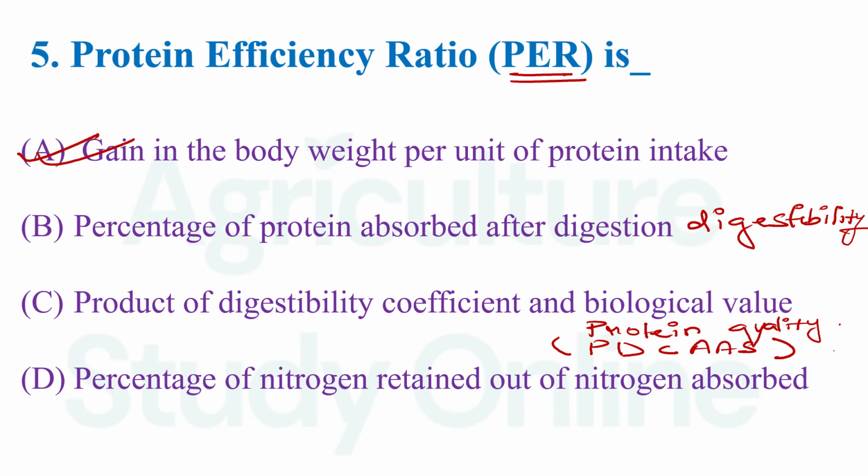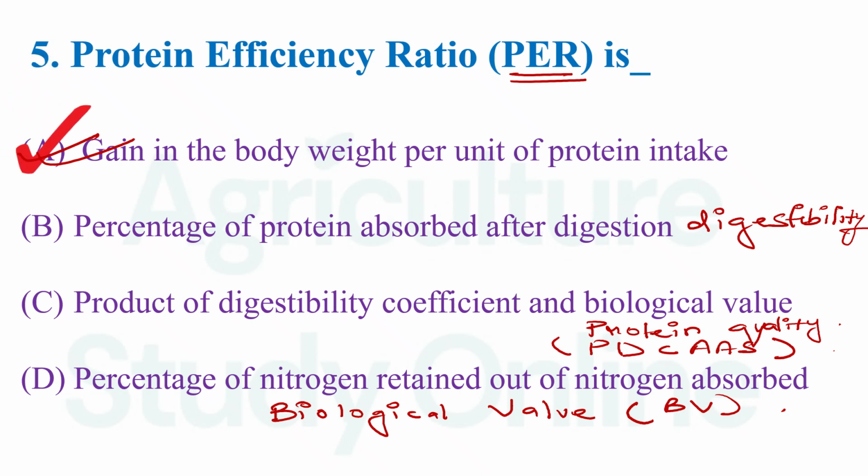Next, percentage of nitrogen retained out of nitrogen which has been absorbed. So this defines the biological value, that is BV. So the correct option is option A, that is gain in the body weight per unit of the protein which is intake.